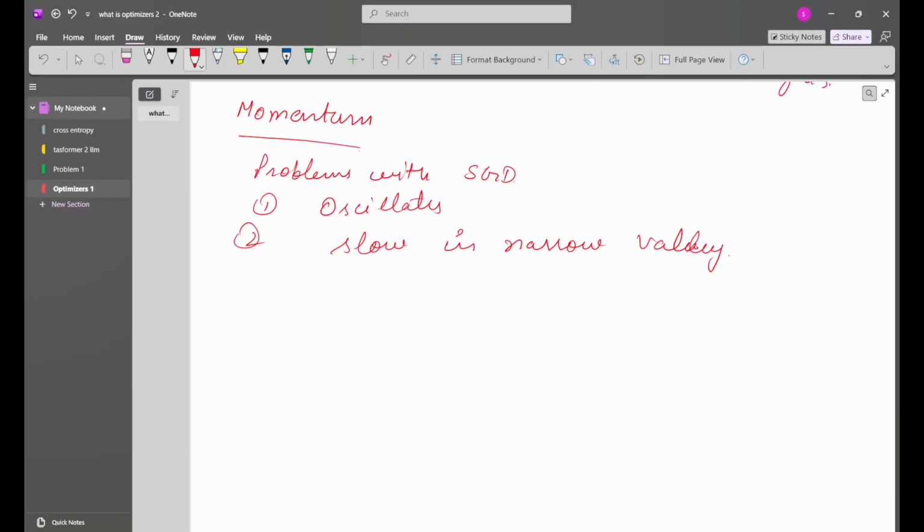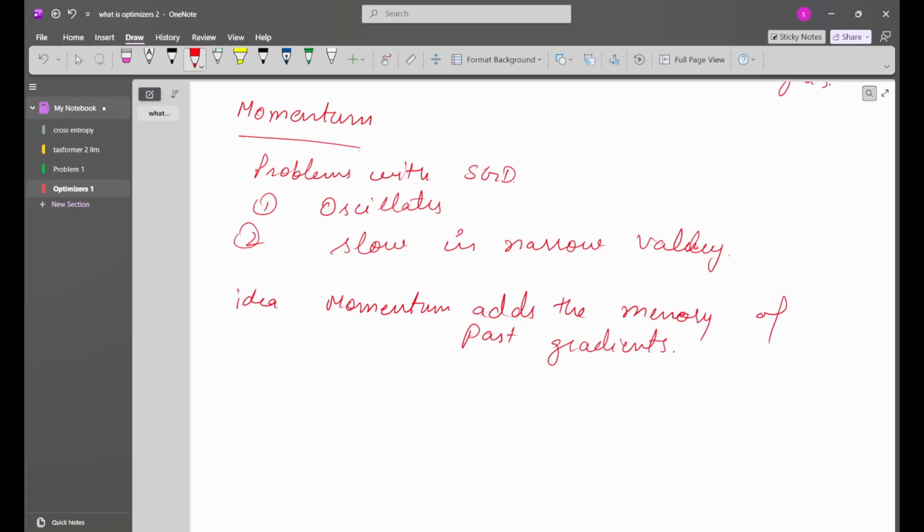Using the direction of past gradients, why can't we follow the same direction? We can remove the noisy updates, we can remove the zigzag motion. So momentum adds the memory of past gradients. The idea was simple.